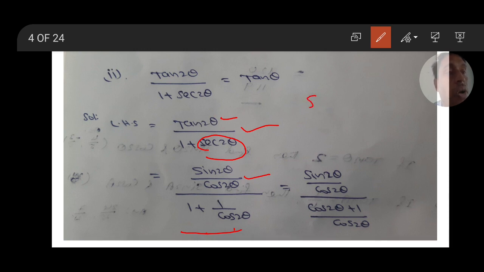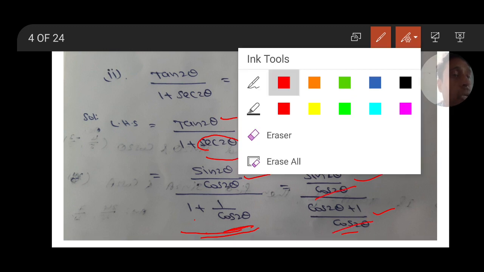In the denominator cos 2 theta is the LCM, the numerator is the same, sin 2 theta by cos 2 theta, by cos 2 theta plus 1 by cos 2 theta. Cos 2 theta cancels, giving sin 2 theta by 1 plus cos 2 theta.